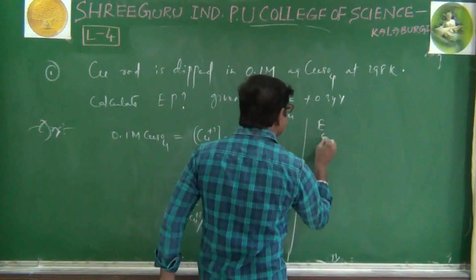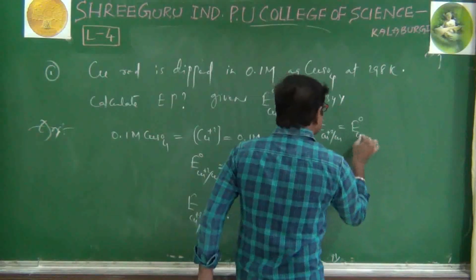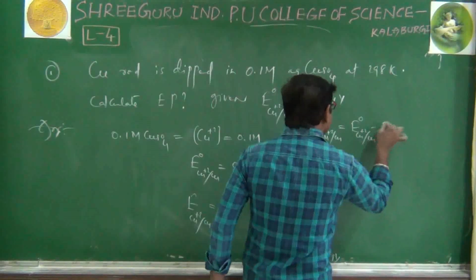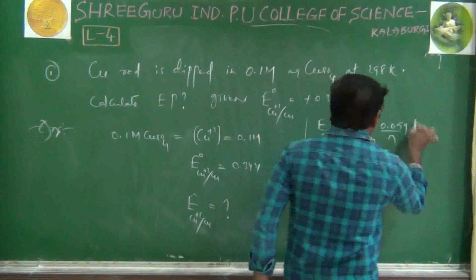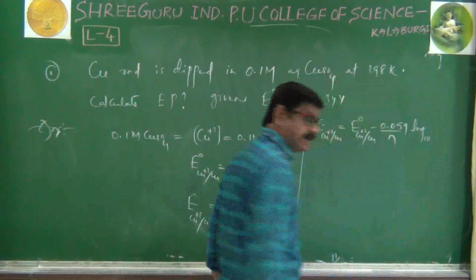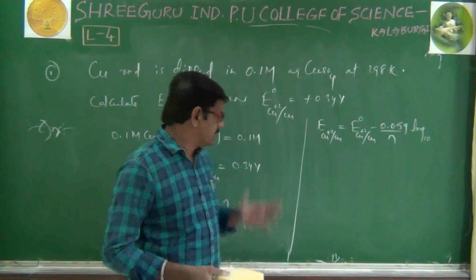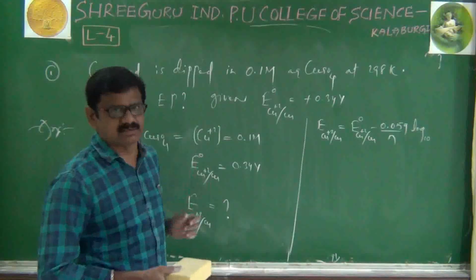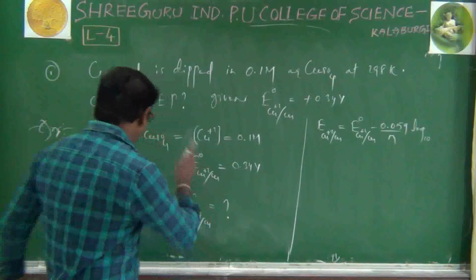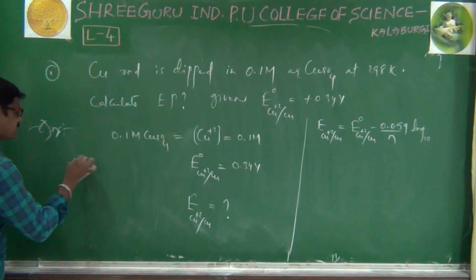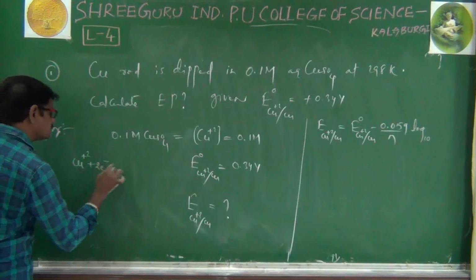E of Cu plus 2 oblique Cu is equal to E naught Cu plus 2 oblique Cu minus 0.059 by n log base 10 product by reactant, or reduced state by oxidized state. So what is the reduced state and what is the oxidized state? Very simple, we write its reduction reaction: Cu plus 2 by taking 2 electrons is converted to Cu.